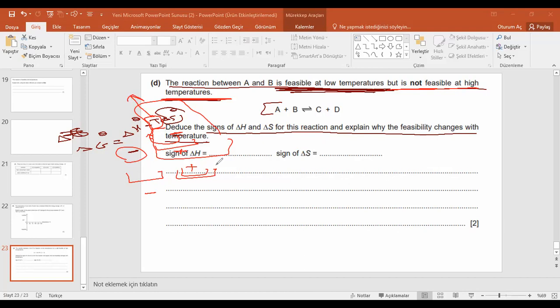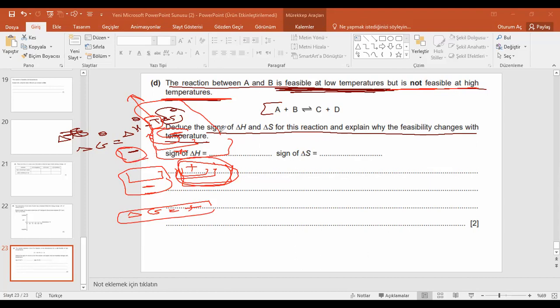That means this part will be a large positive number and overcome the negative number here. So this part will be larger and positive, and delta G will be positive. So that's why delta S is negative and delta H is negative as well.